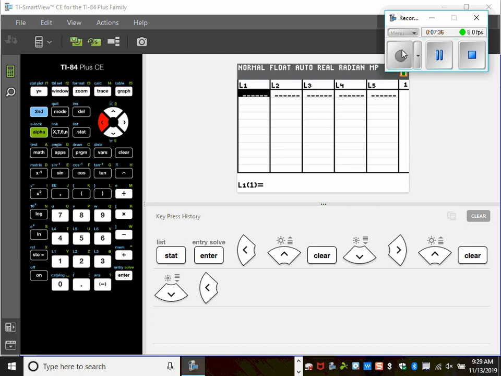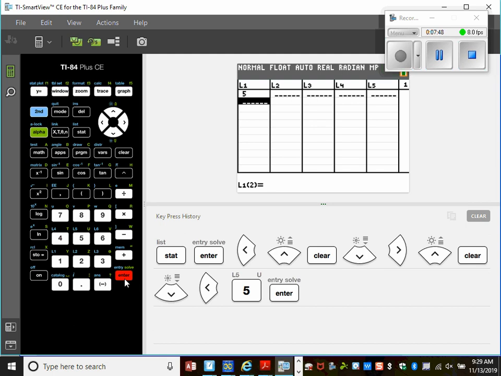So notice that this is talking about the length of a tadpole over how many days or ages is old. So we're going to put in 5. When you put in 5, you just simply press enter. Okay, that's how you enter data. After each number, press enter.